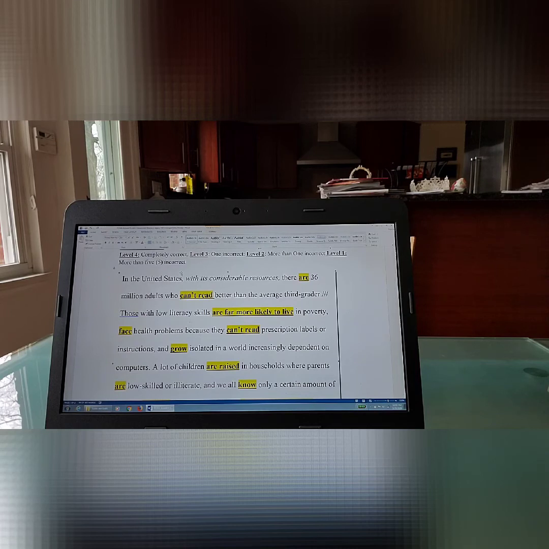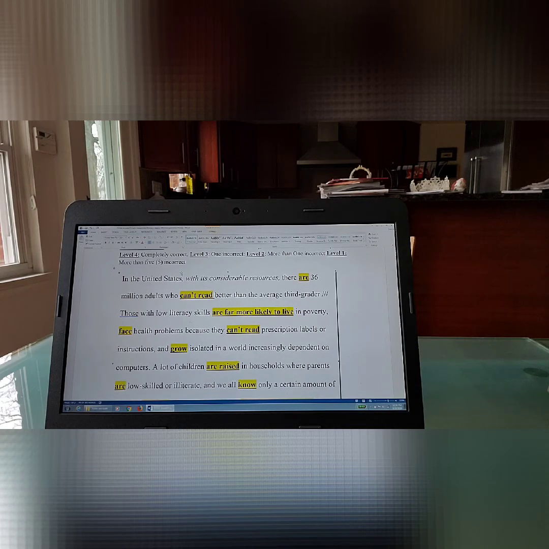Now, considerable, you can look that up online in terms of the definition of it. But considerable, keep in mind, is basically modifying resources. So it's not consider, right? You might look up the verb and it's like, oh, to consider.